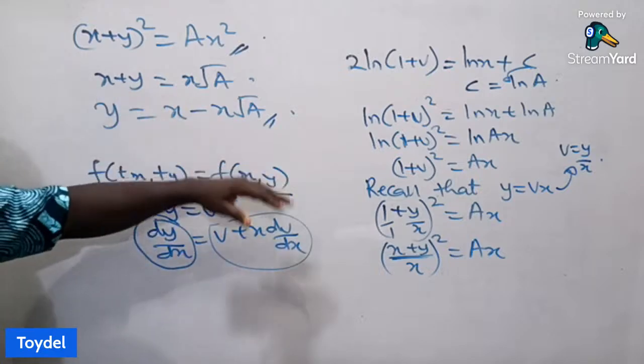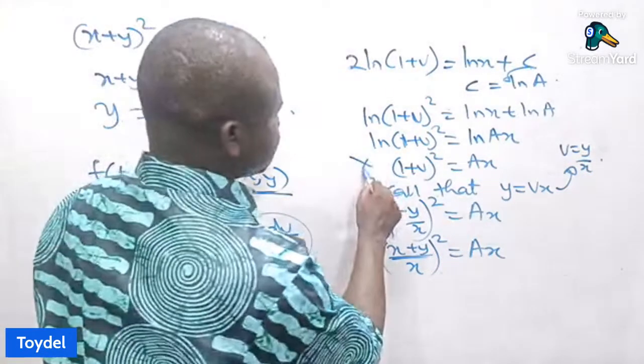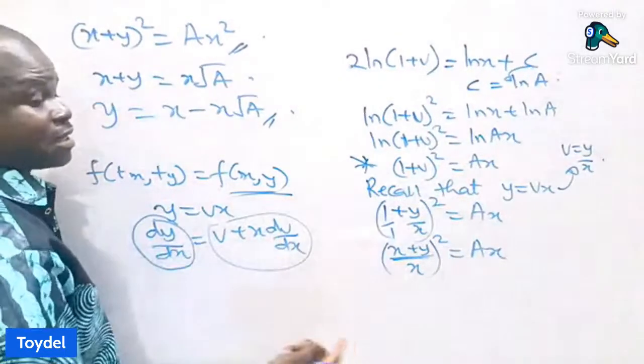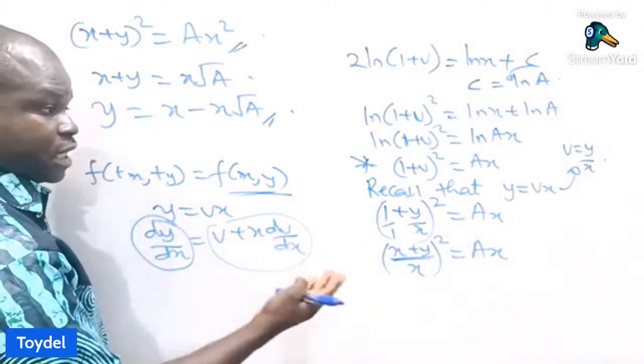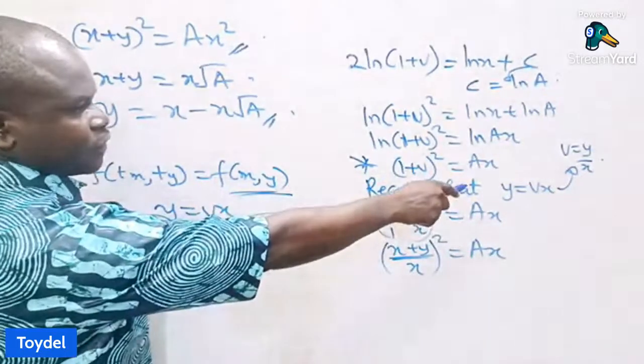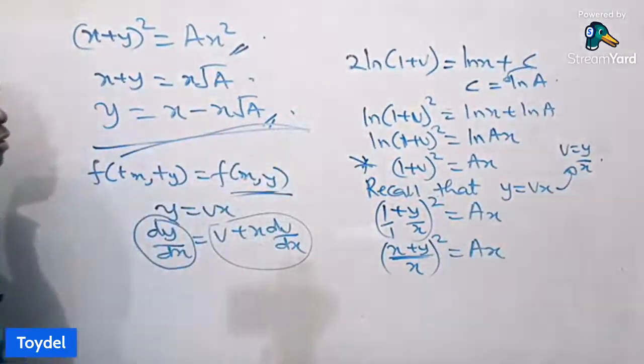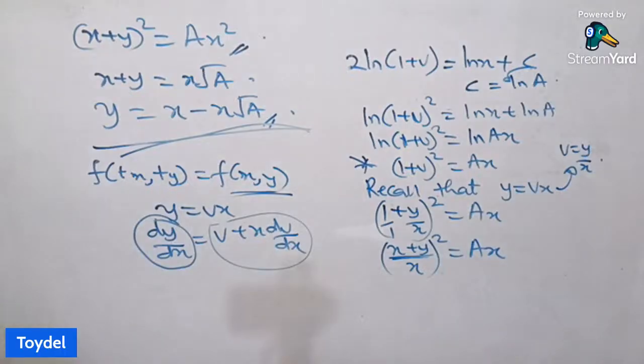Once we arrive at a particular point, we recall that y is equal to vx, because the question is given as dy/dx, not dv/dx. We substitute back the value of v, then we'll be able to write our final answer as what you have on the board. So this is how to solve a homogeneous equation. Thank you.